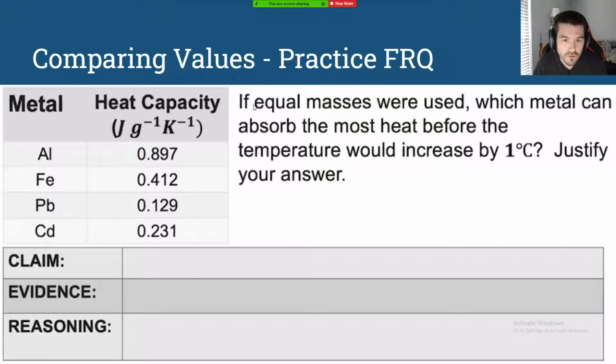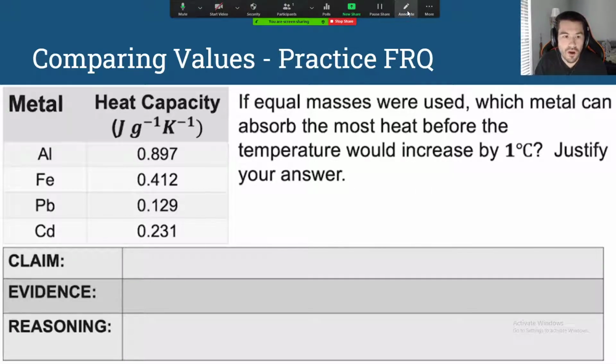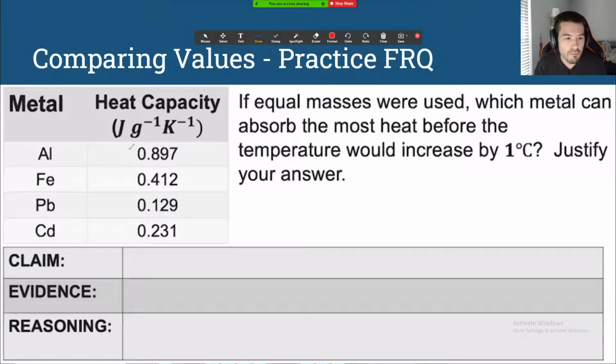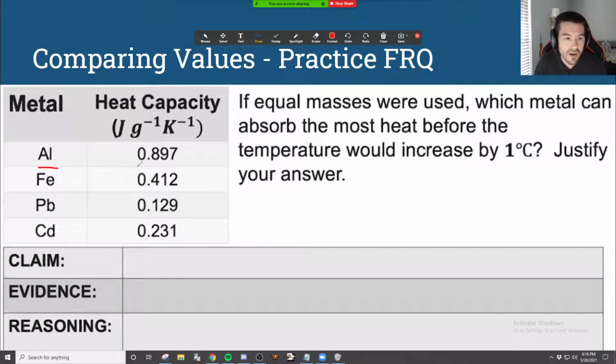All right, so here's the question. If equal masses were used, which metal can absorb the most heat before the temperature would increase by 1 degree Celsius? Justify your answer. Before we even get into it, I want to take the first metal here, aluminum, and write out this value with the units.